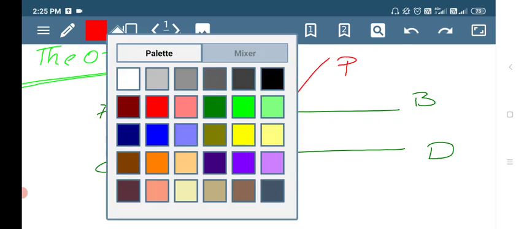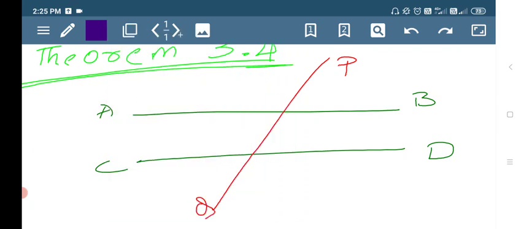If these are the angles, named 1, 2, 3, 4, 5, 6, 7 and 8, which are the interior angles on the same side of the transversal? Angle 4 and angle 5, and angle 3 and angle 6. In the last class we have learnt about this.